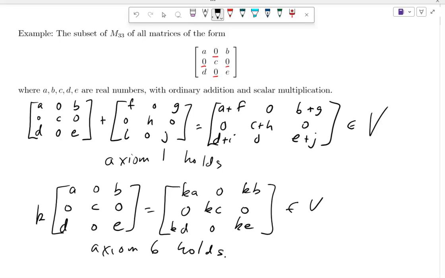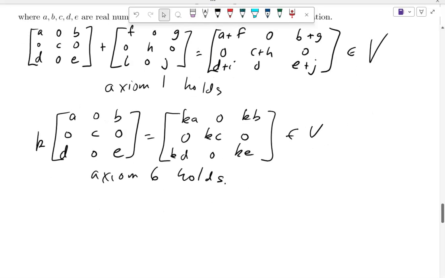We could have also gotten axioms 4 and 5 for free. We proved this before, and I think it might have been one of your homework problems as well. If I take 0 times any vector, and I'm in a vector space, what do we know happens? You get the 0 vector, right?